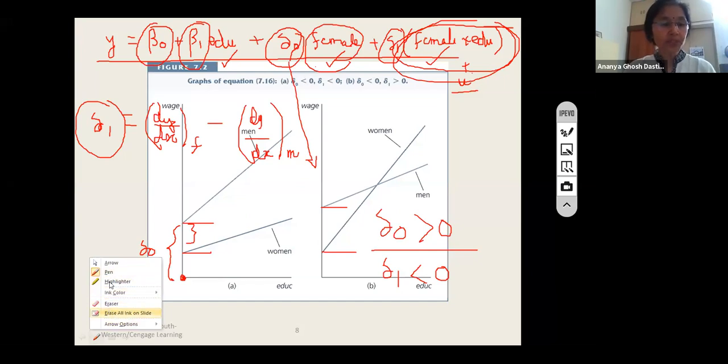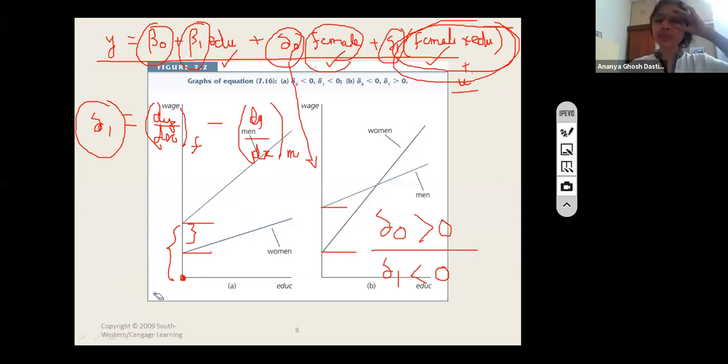So I'm talking about interpreting the coefficients of your dummy variable, and then I'm asking, suppose you get delta naught positive. What is delta naught? It's a difference in intercepts. It is the coefficient of your intercept dummy. So delta naught is actually this little bit over here.